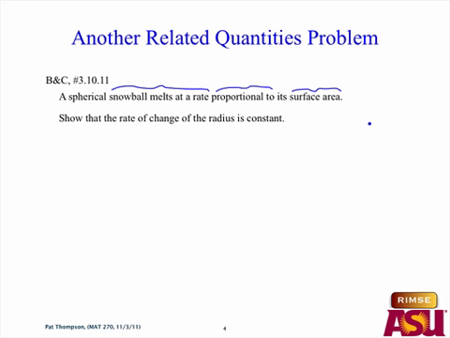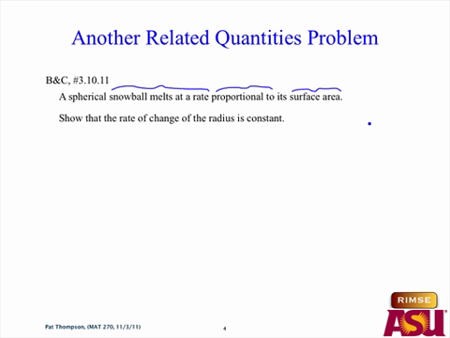So let's just make heads or tails of that, and then we'll attack it in terms of what we've been talking about. So the snowball melts at a rate. What quantity there is implied that's decreasing by that? So melting is decreasing, so what quantity do we assume is decreasing that they're talking about? Will, what do you think? He thinks it's volume.